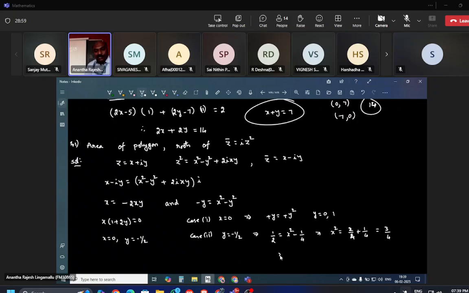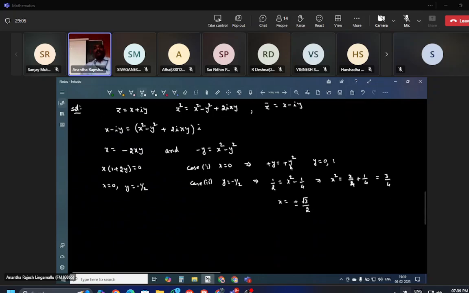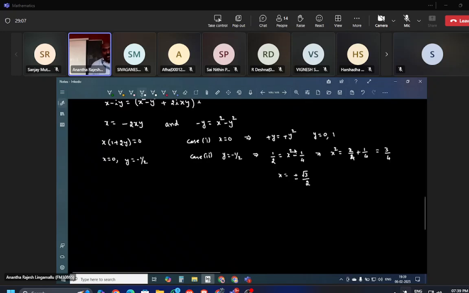So what are the x values? Plus or minus root 3 by 2. Done. Over. So we solved the given equation. Now let us find the points. When x is 0, y is 0. When x is 0, y is 1. When x is root 3 by 2, what is y? Minus 1 by 2. When x is minus root 3 by 2, what is y? Minus 1 by 2. So I got this as the polygon.